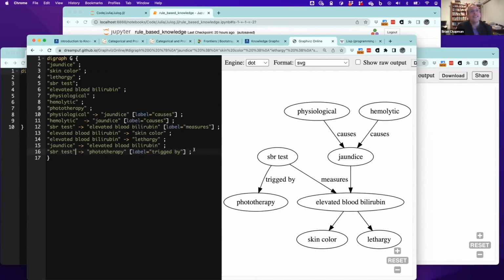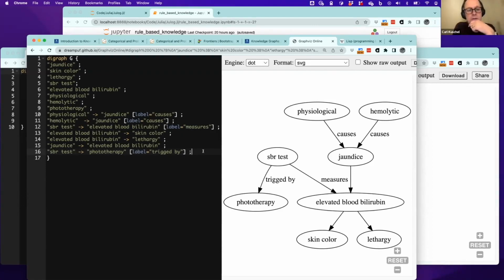So the only thing that seems to be missing here is what triggers the SBR test. It's usually the skin color, or I'd imagine, well, okay, I'm naive. Is it easier to detect skin color than lethargy in a neonate?